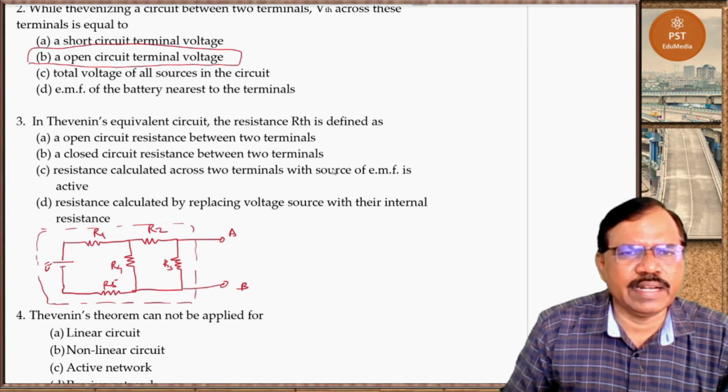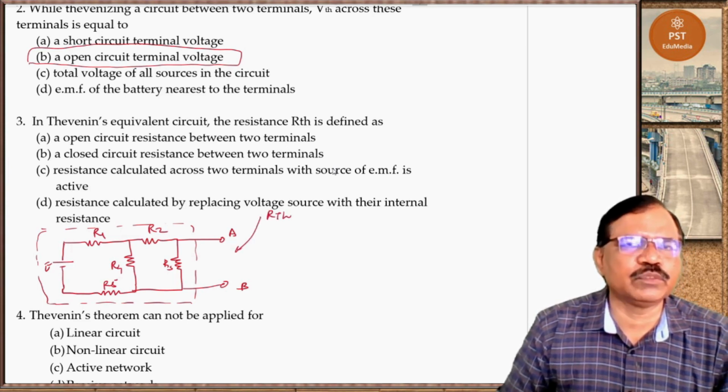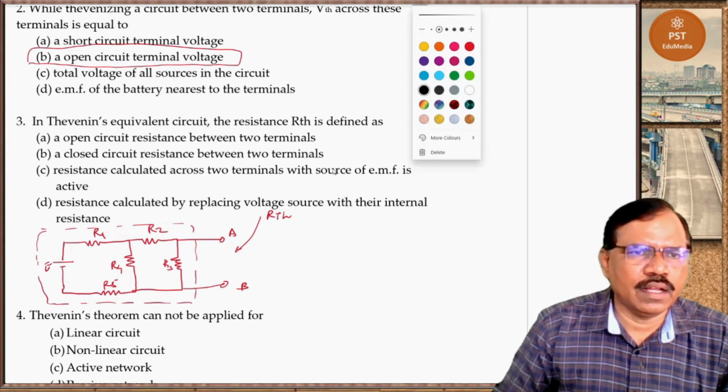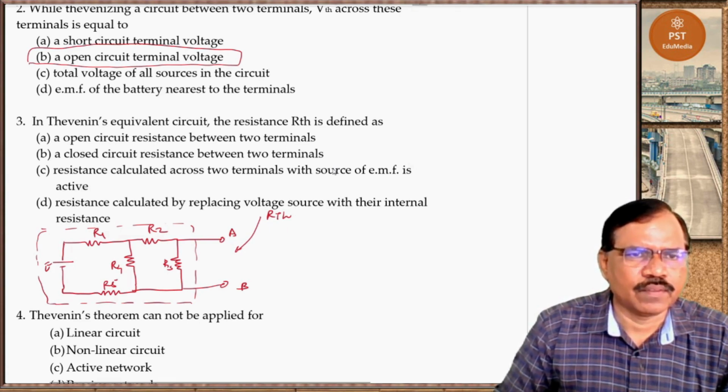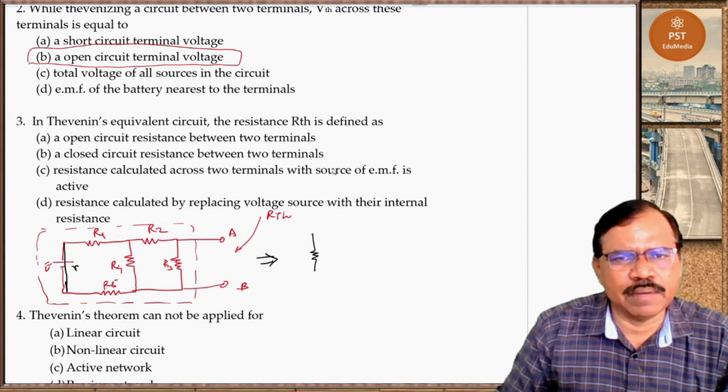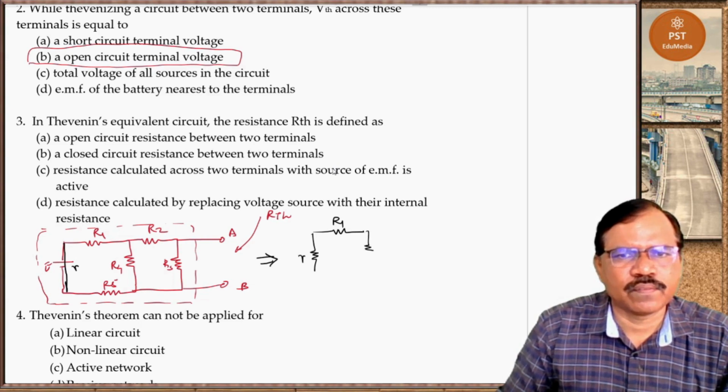When we want to find resistance across these terminals, that is RTH, we have to replace this battery. Suppose this battery has internal resistance R. Then we replace battery by resistance R. Means here we replace battery by its resistance R like this.